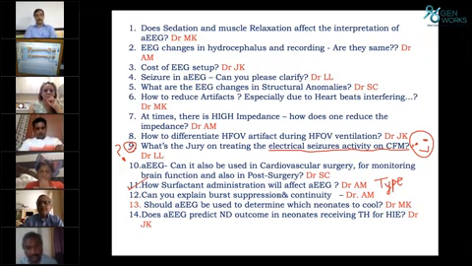That is the spectrum of continuity, and the interburst interval is shorter the more mature and healthier you are. So more mature babies have very frequent bursts of activity, and the interburst interval is small.